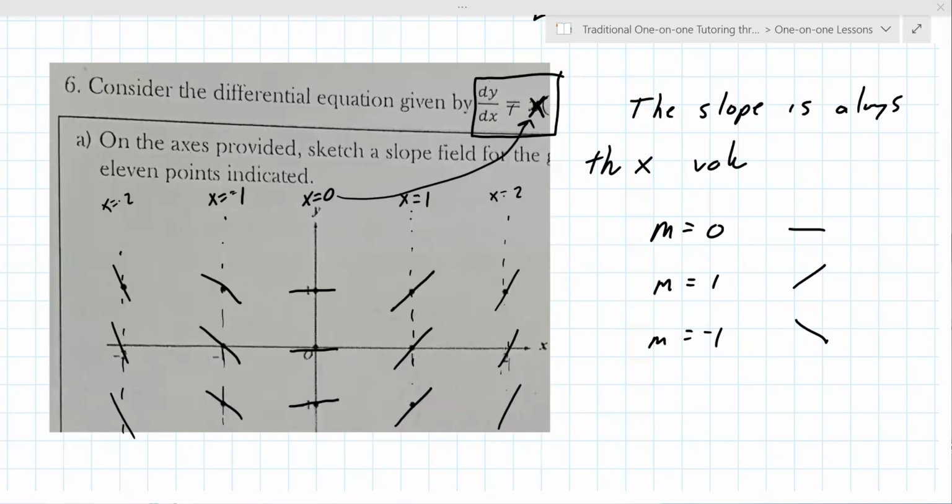This one's not all y's in the first quadrant. Just give me another 30 seconds here and I'll have it up on the screen for you. It's worth looking at.